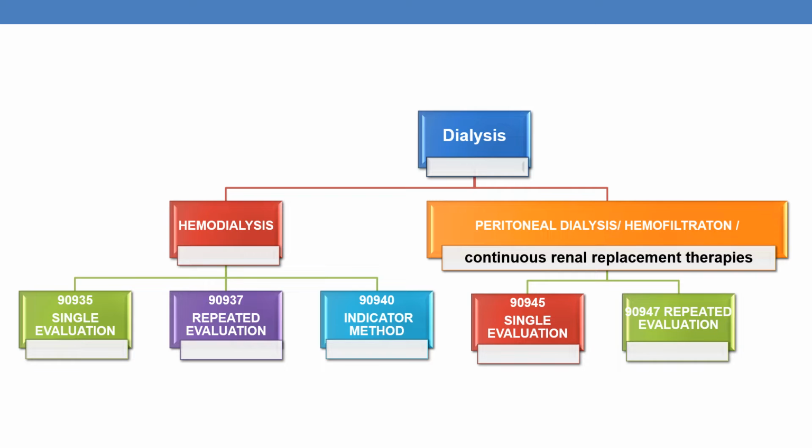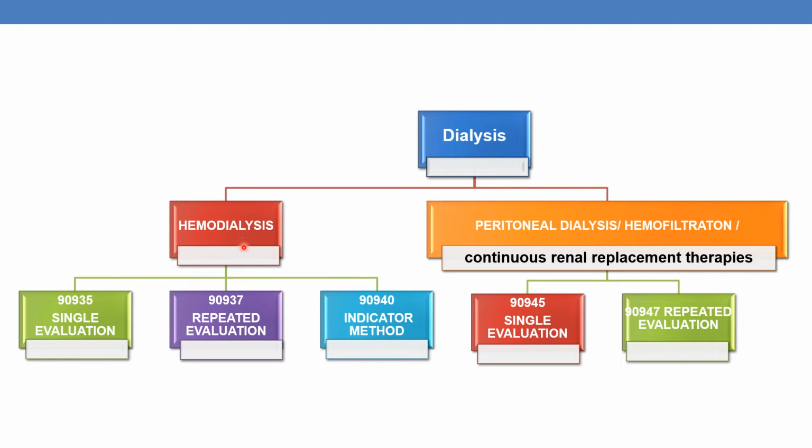CPTs are broadly categorized into two types based on whether it is hemodialysis or other dialysis other than hemodialysis. For peritoneal dialysis, hemofiltration or other continuous renal replacement therapies, one set of CPTs is there, and for hemodialysis another set of CPTs is there.